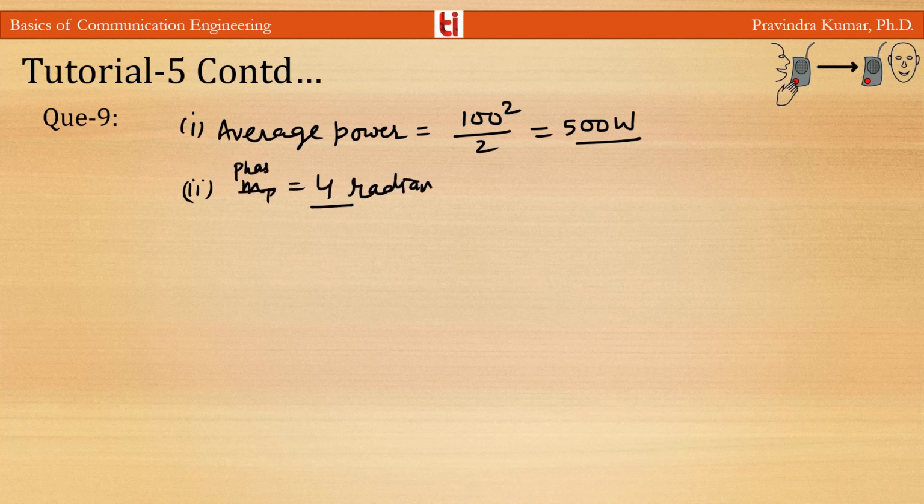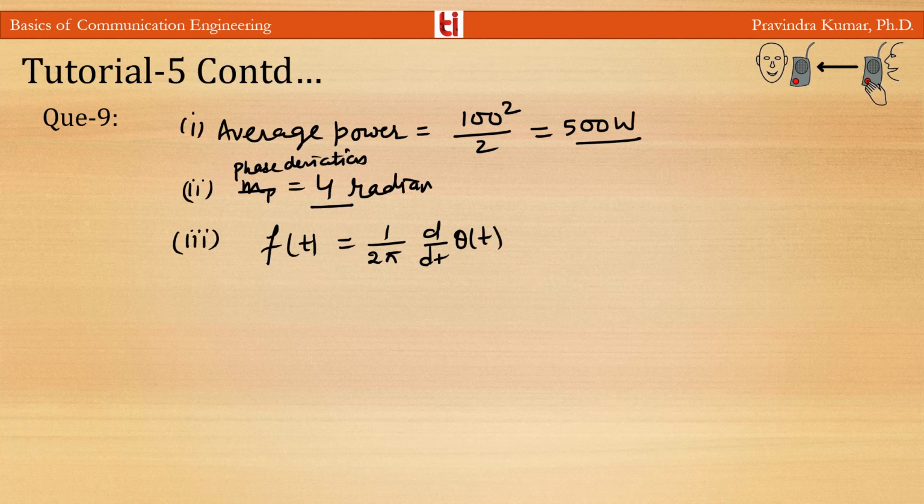This is the phase deviation, 4 radian, and for the peak frequency deviation, the instantaneous frequency fi(t) is 1 by 2 pi d by dt of theta(t). So from here it will be 1 by 2 pi d by dt, and theta(t) is 2 pi fc t plus 4 sin 2000 pi t.